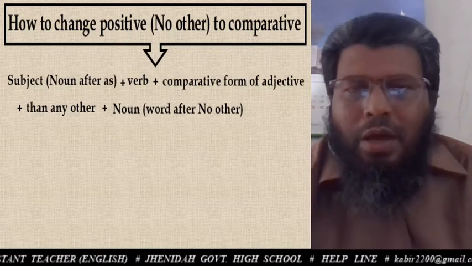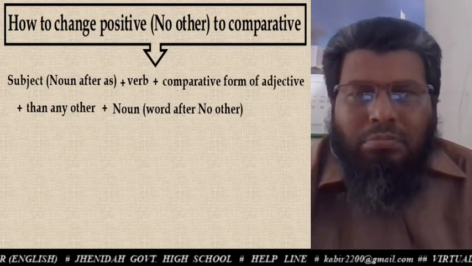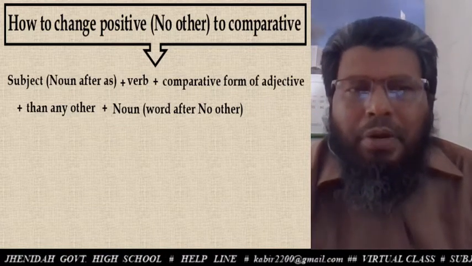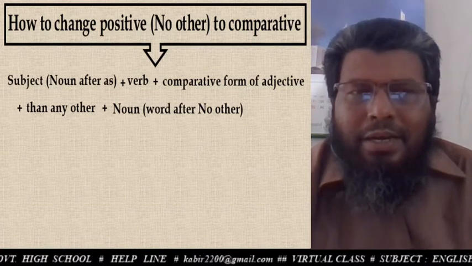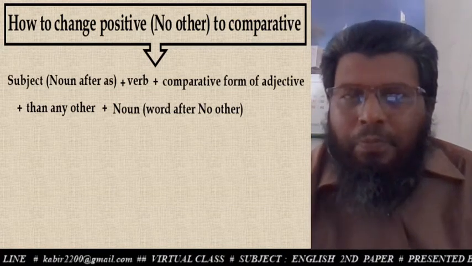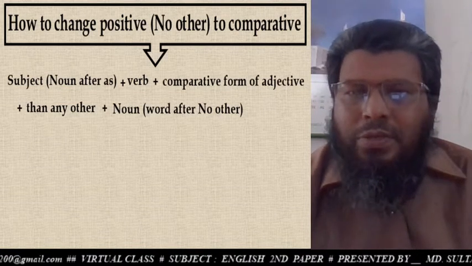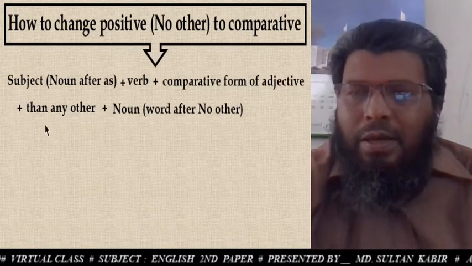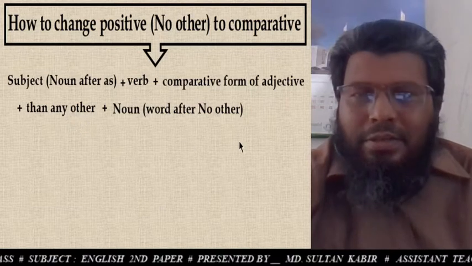How can we form an adjective to comparative? We can add er or ir, or more or less before the adjective, then any other.